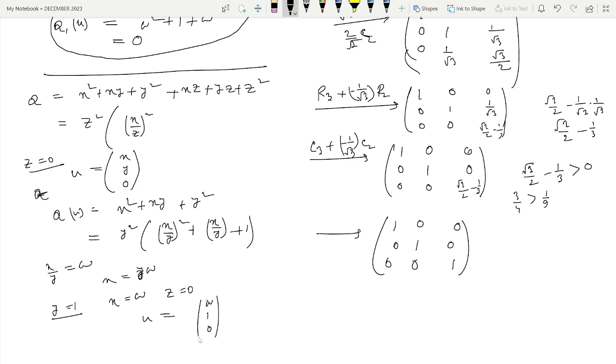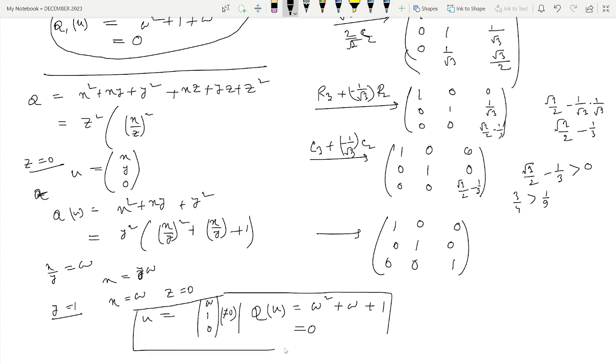Yes. So for this, Q simply becomes omega square plus 1 into omega plus y square, that is 1, plus all the other elements are 0. So this is clearly 0. So just take u, this element which is not equal to 0, from C3, and see that Q is equal to 0.